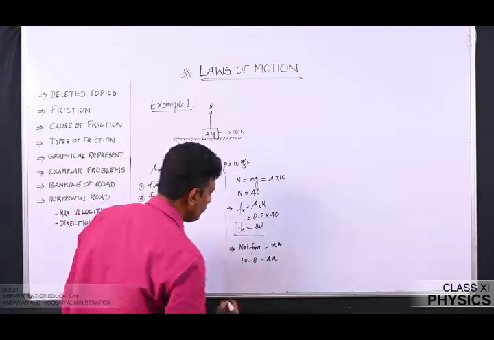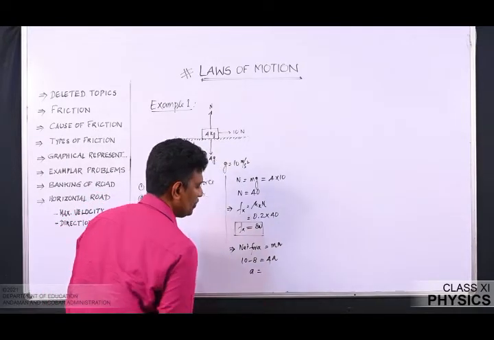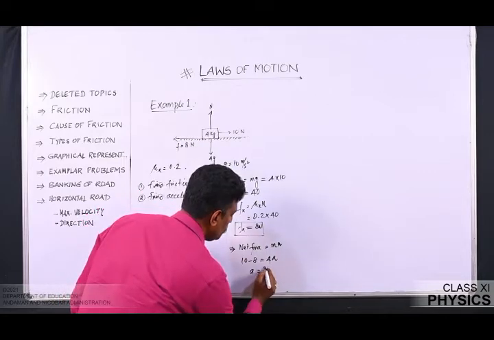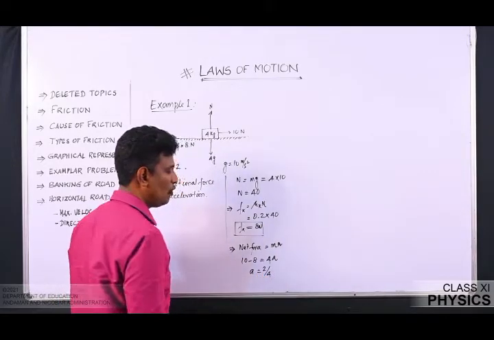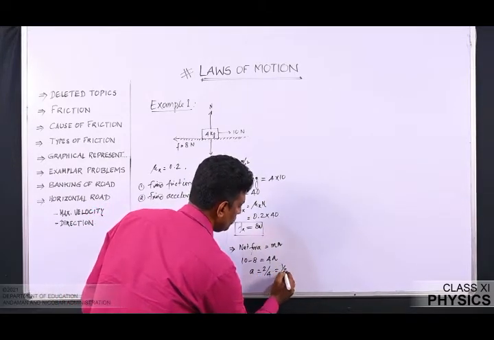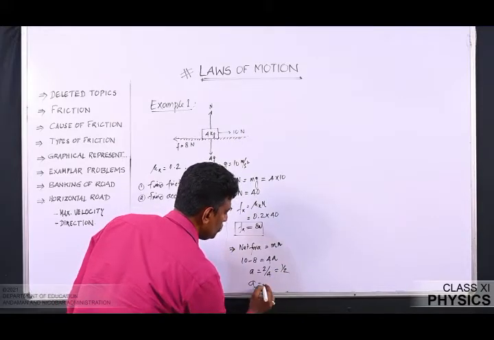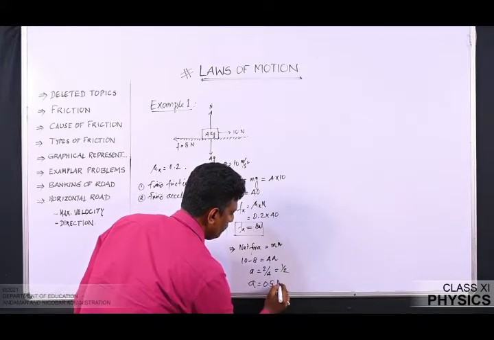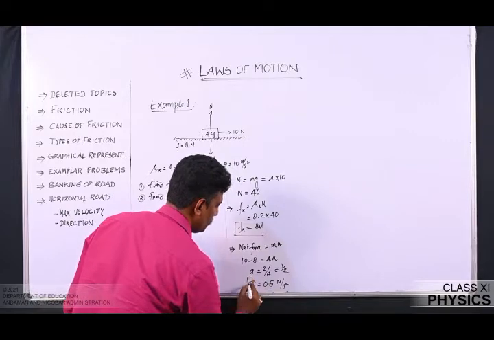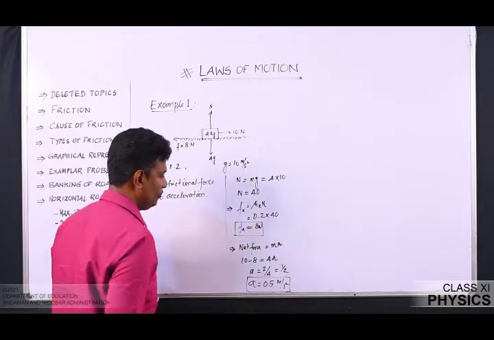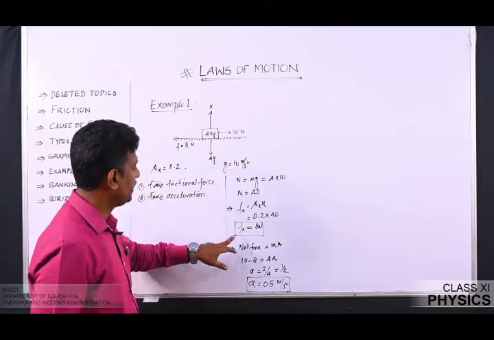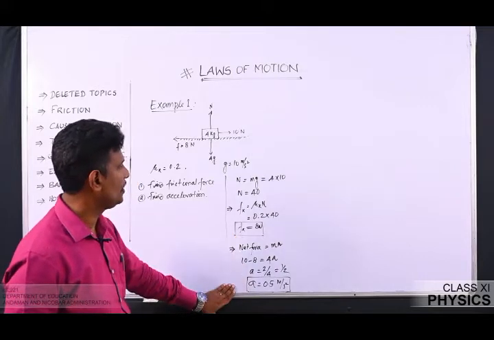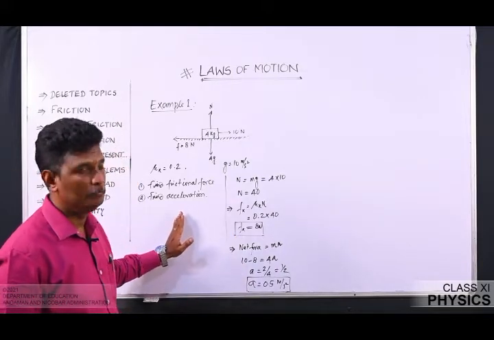So, this will become a is equal to 10 minus 8, 2 by 4, that is 1 by 2. So, a is equal to 0.5 meter per second square. So, we can find the kinetic friction and acceleration much easily.